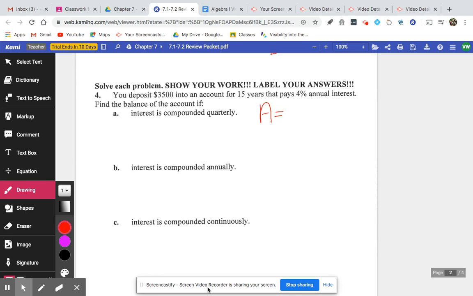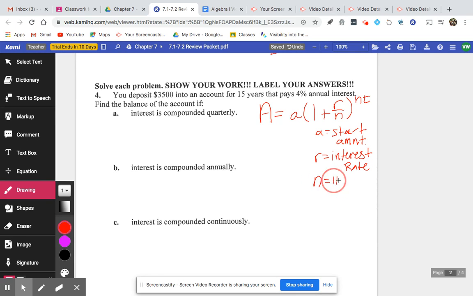A equals a times 1 plus r over n, close the parentheses, to the nt power, where a is your starting amount, r is your interest rate, n is the number of times interest is calculated per year, and t is the time in years.